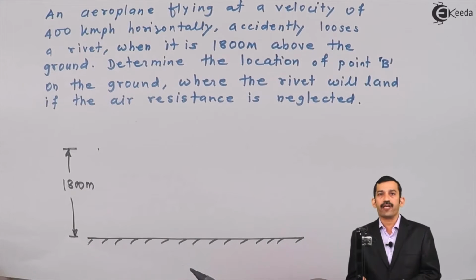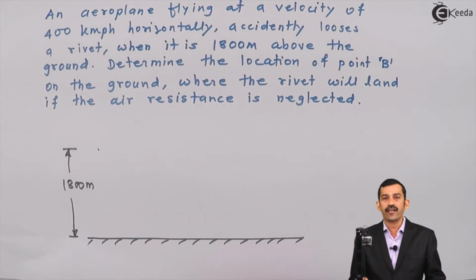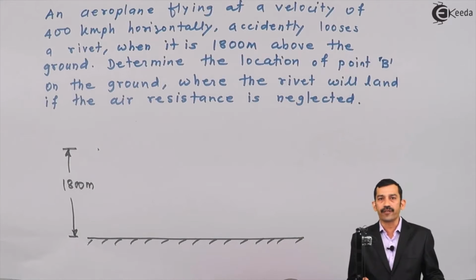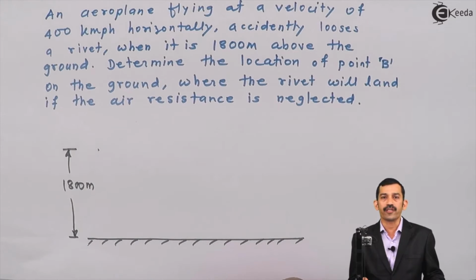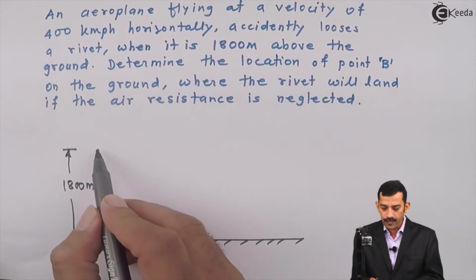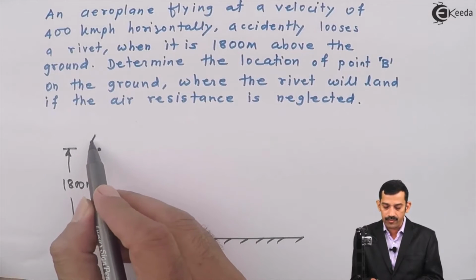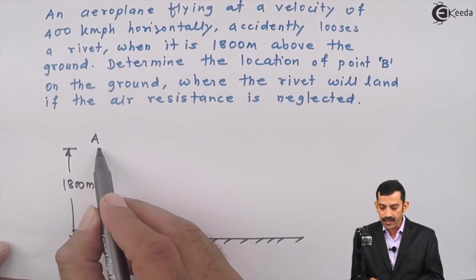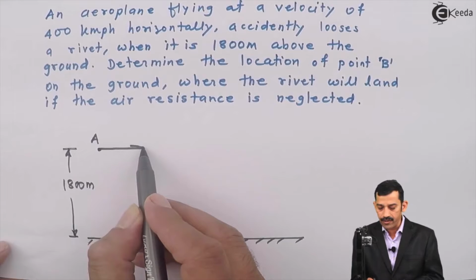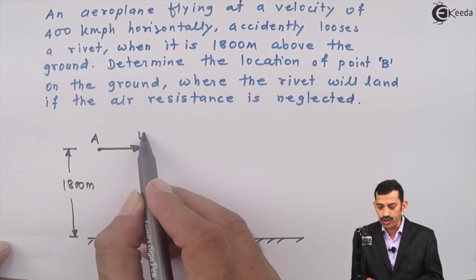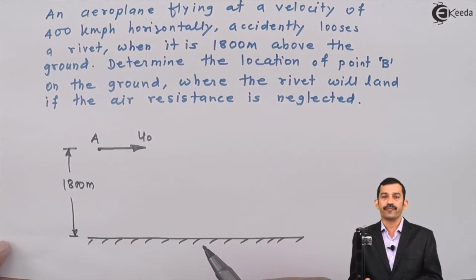As the aeroplane is flying in the horizontal direction, if it loses the rivet, the initial velocity of the rivet will be the same as the velocity and direction of the aeroplane. If we assume this point is A, and we represent the velocity of the rivet, this one is u0, horizontally.